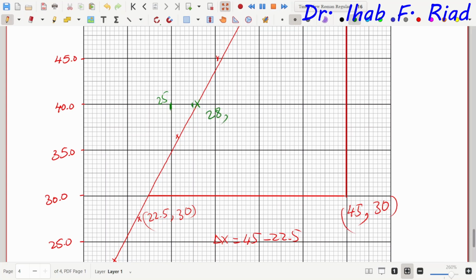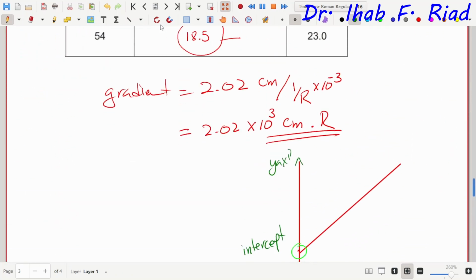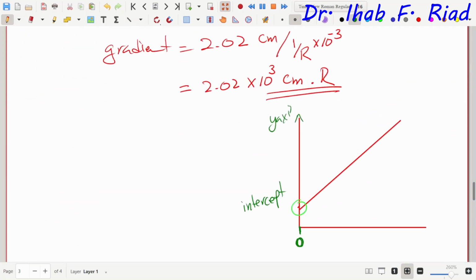What is the y reading for it? It is 40. So let us remember this data point, a point exactly on the graph: 28 and 40. This is the x and this is the y.